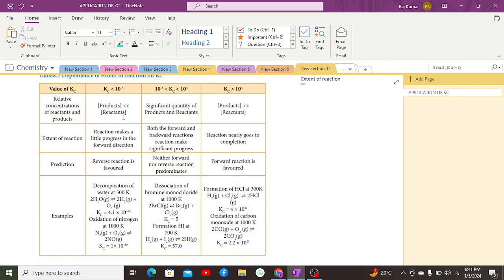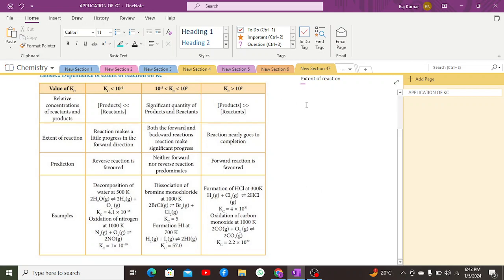The forward reaction can also occur, but with less tendency. An example is the decomposition of water at 500 Kelvin, at which Kc is 4.1 into 10 to the power minus 48, which is very small, so it favors the reverse reaction, as the reaction is virtually incomplete.